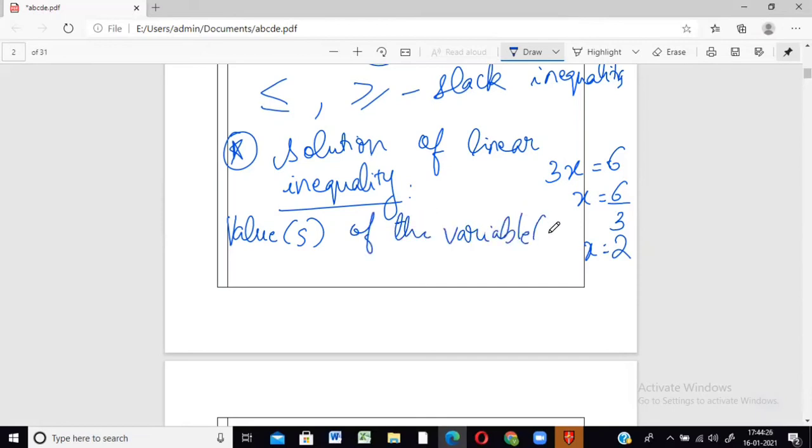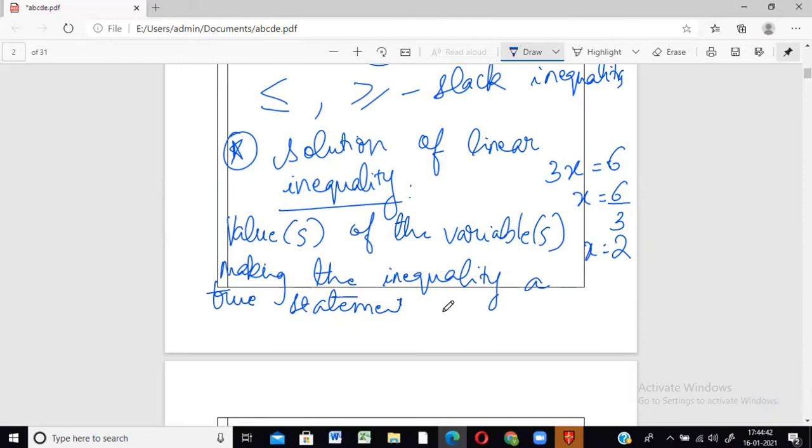variable making the inequality a true statement are called solutions of the inequality.